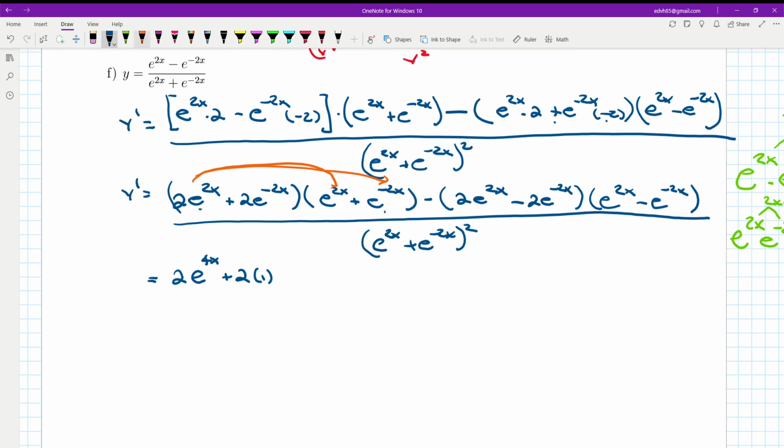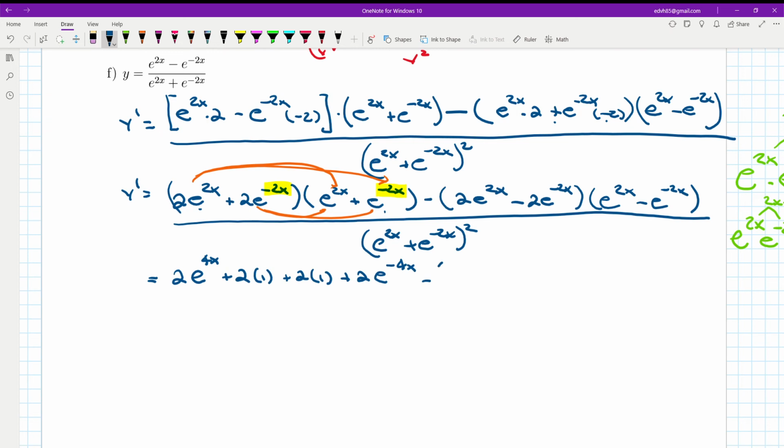Then distributing the second pair, that's 2 times also 1, because e to the negative 2x times e to the 2x cancel to 1, and then plus 2e to the negative 4x, because negative 2x plus negative 2x is negative 4x.